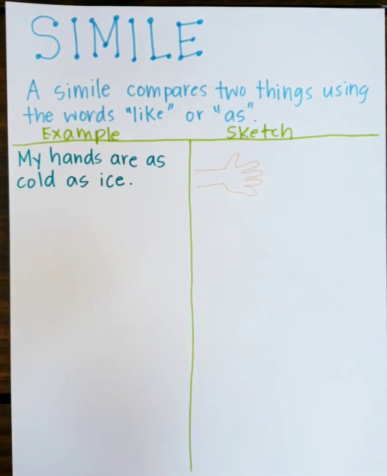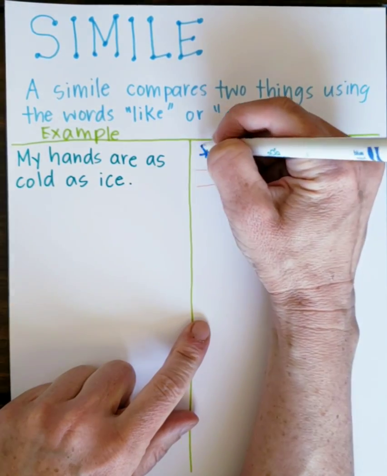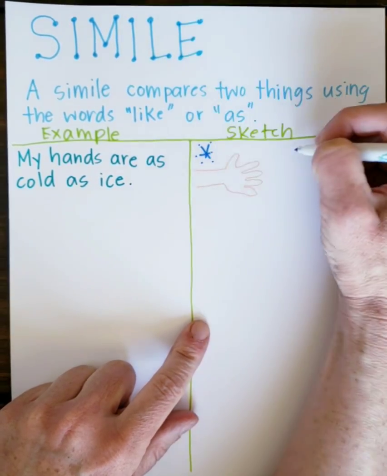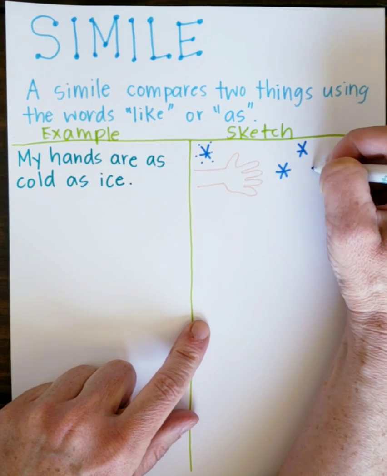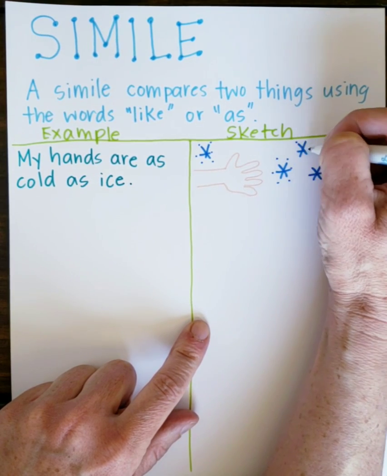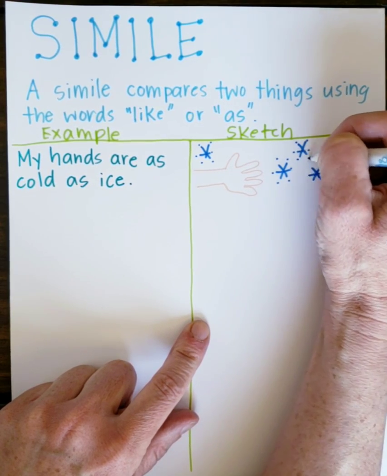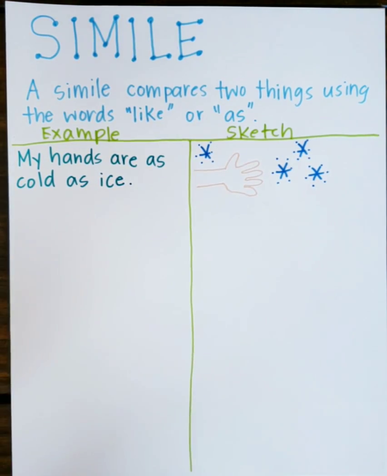So that's really cold too. If you've ever held a snowball in your bare hands, you know that that is super cold. So I'm going to draw some little snowflakes here. And there we have a simile comparing two different things, very different, to say how cold my hands feel. Right.